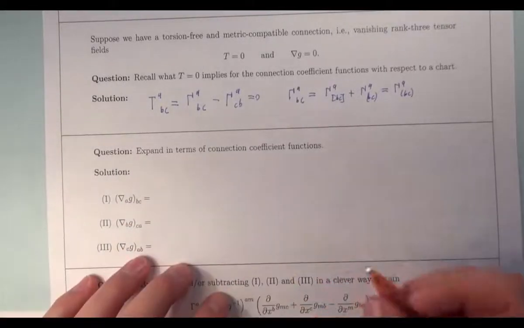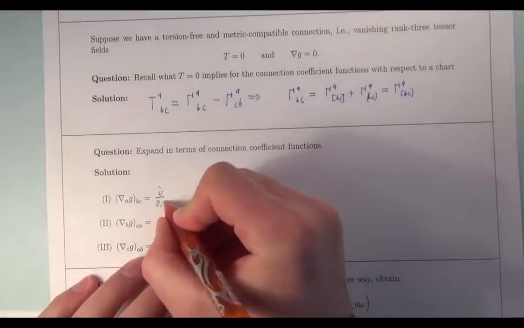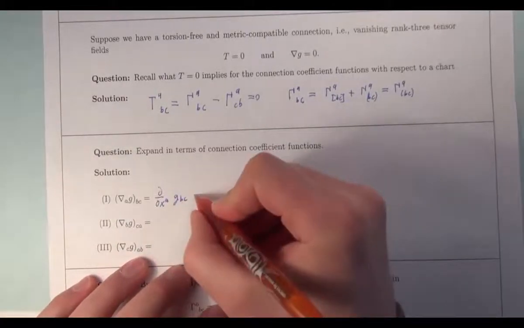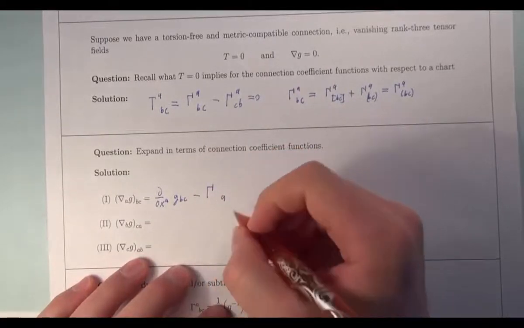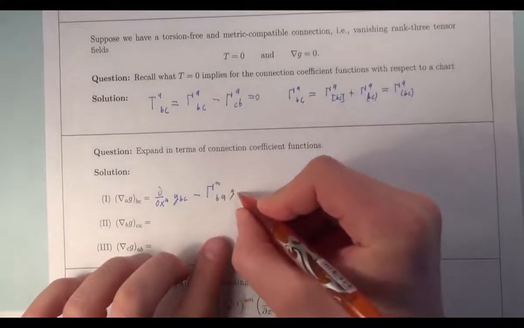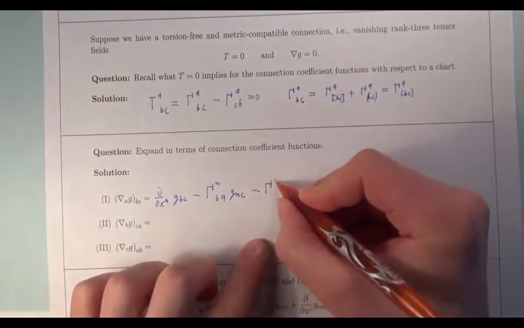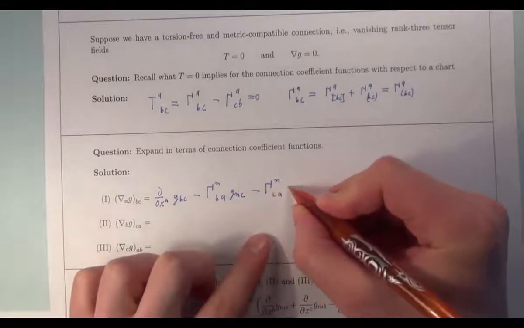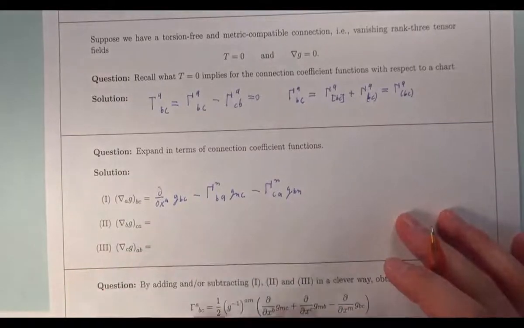We just have to plug in the definition, which is del after del x^a of g_bc minus gamma^n_ab, here we need an open index, g_nc, minus gamma^n_ac, take again the same summand, g_bn. This is just the definition.